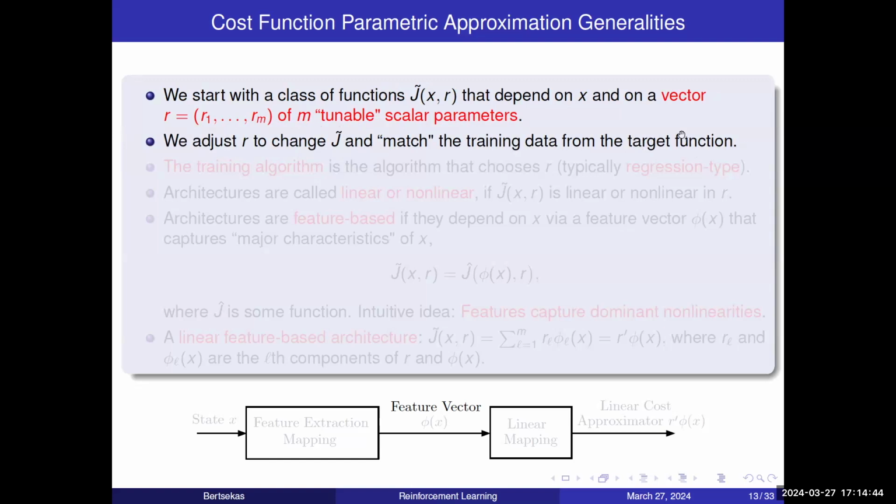Again, we leave aside how we get those training data. That can be quite complicated, and there are some subtleties and techniques involving what is good training data to collect and what is not, and it involves the fundamental trade-off between exploration and exploitation, and so on.